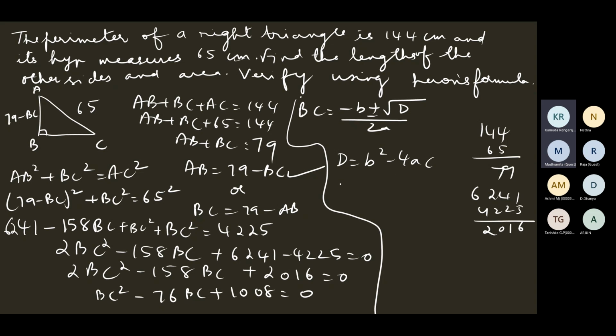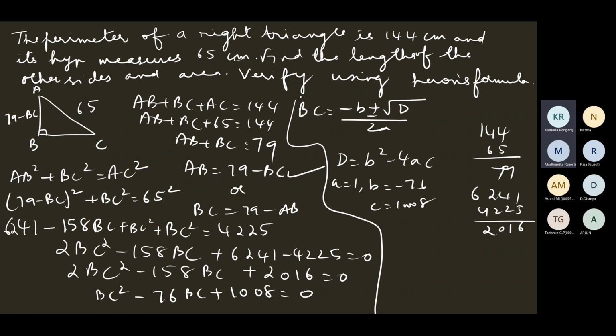Now what are the values of A, B, and C? A is 1, B is minus 76, and C is 1008. It's time, children, so I'll work this later for you and share the picture on WhatsApp. A is 1, the coefficient of BC square.